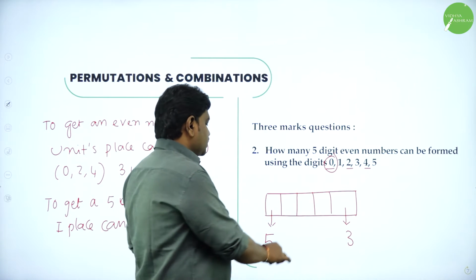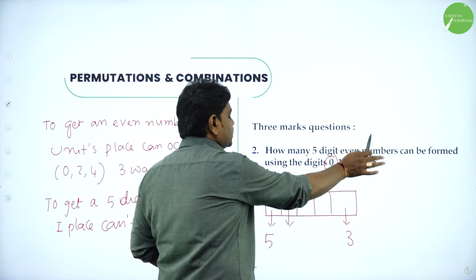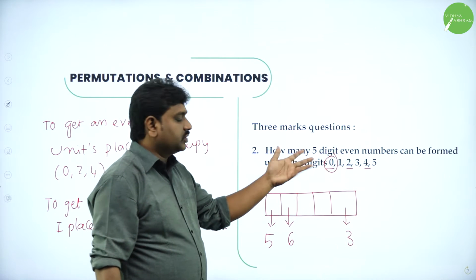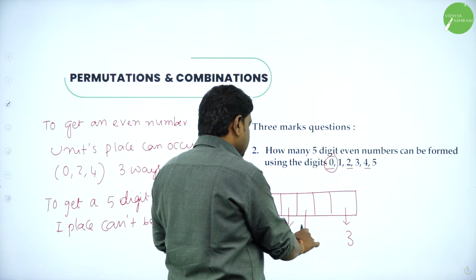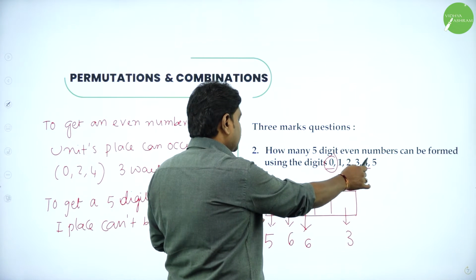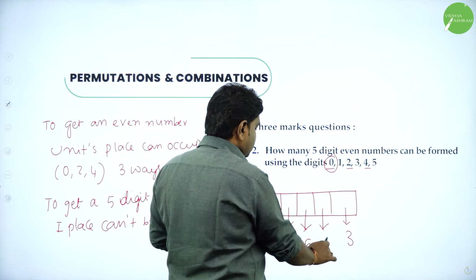But here there is no restriction. Here I can fill any of these 6. And they said without repetition? No, they have not given that. So that's why here I can fill any 6 numbers: 0, 1, 2, 3, 4 or 5. Here also I can fill in 6 ways.